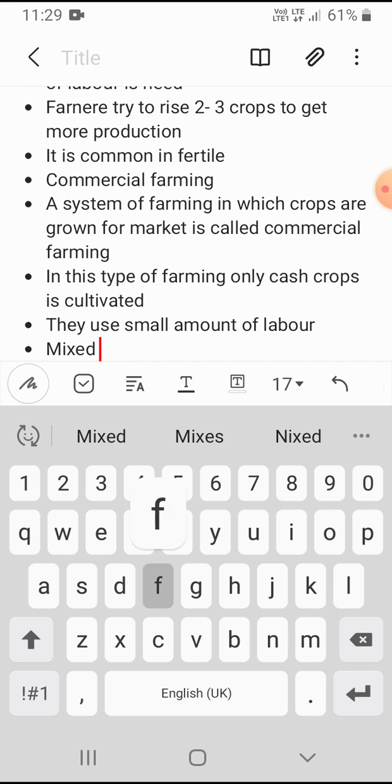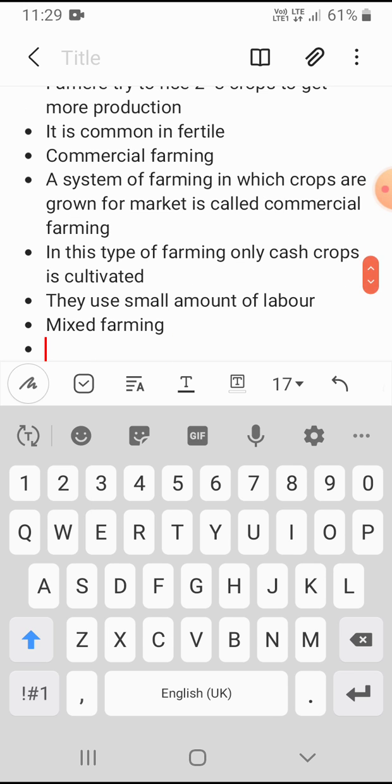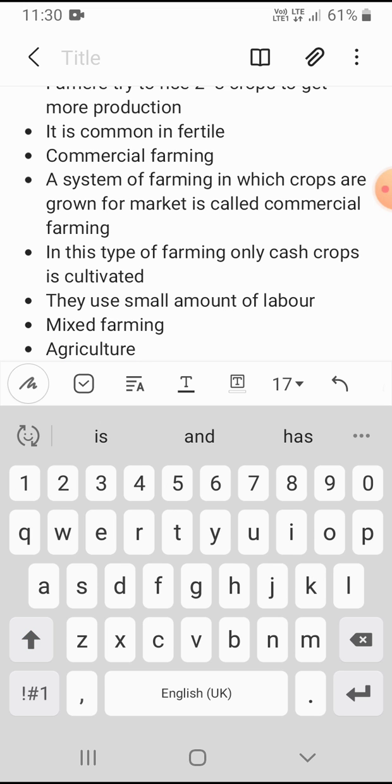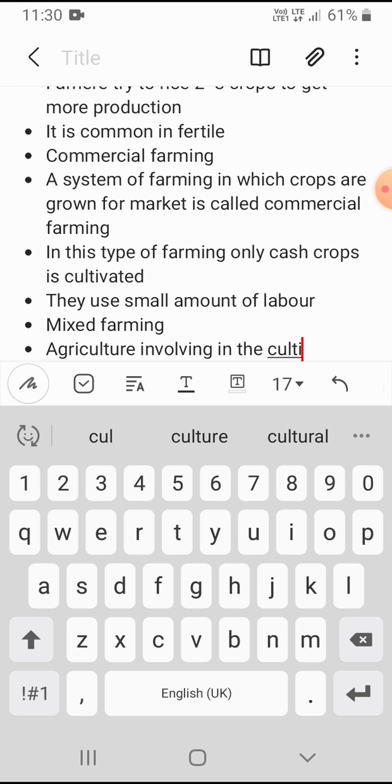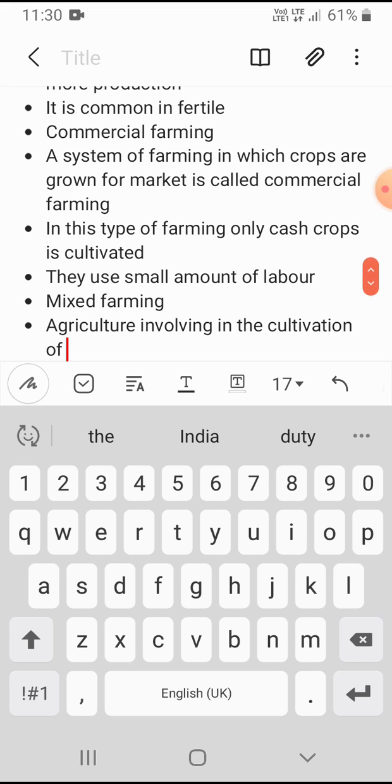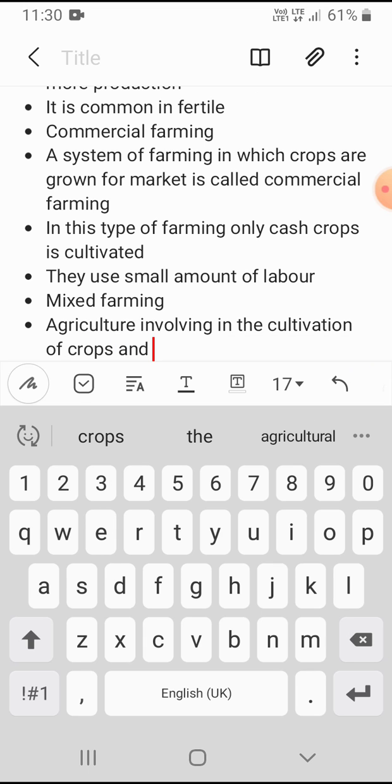Next is mixed farming. Mixed farming means agriculture involving the cultivation of crops and livestock rearing.